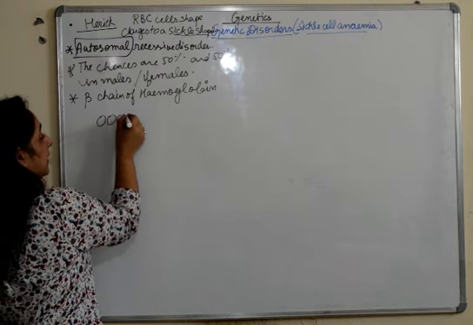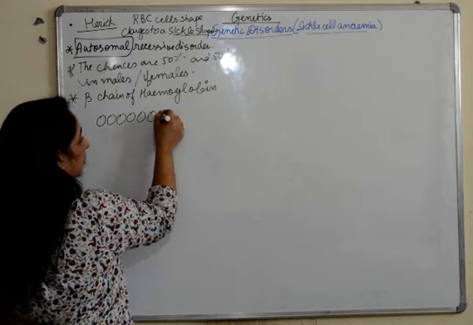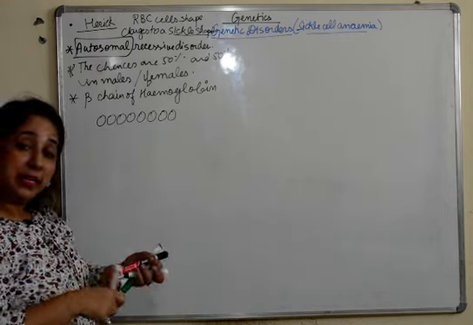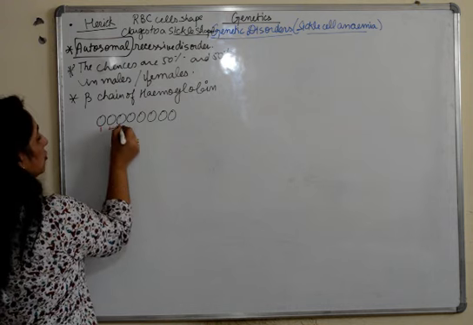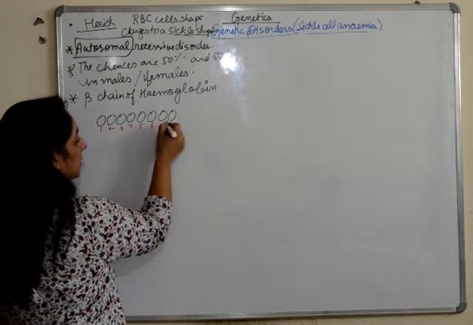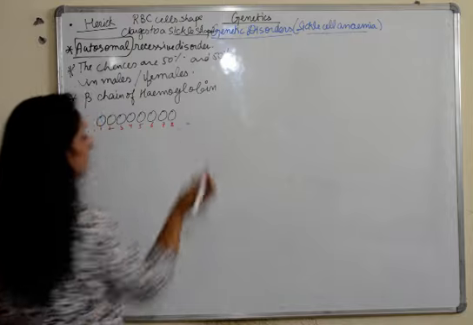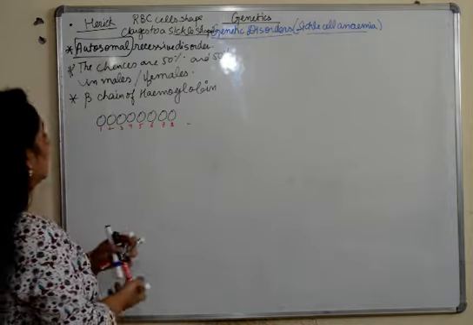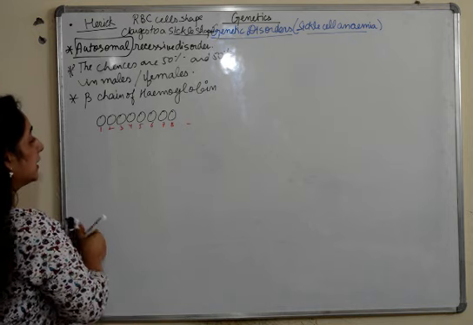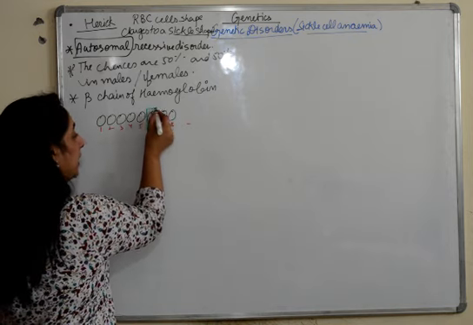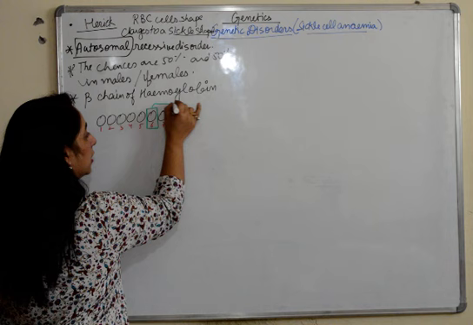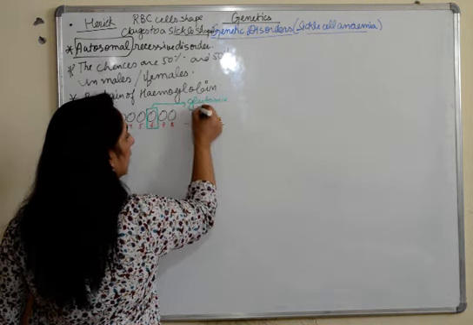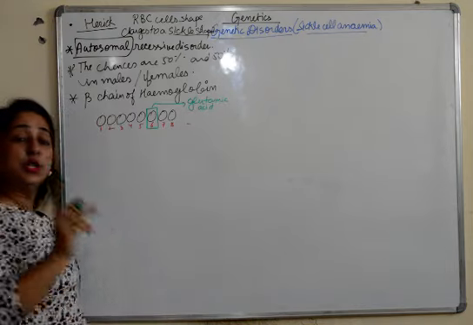Suppose these are the various amino acids in the amino acid chain of hemoglobin, and we number them: 1, 2, 3, 4, 5 and 6 and so on, 7th and 8th. We have done this earlier also if you have seen the videos, but we'll do it again. So this 6th amino acid codes for glutamic acid. Fine. Now this will be replaced.